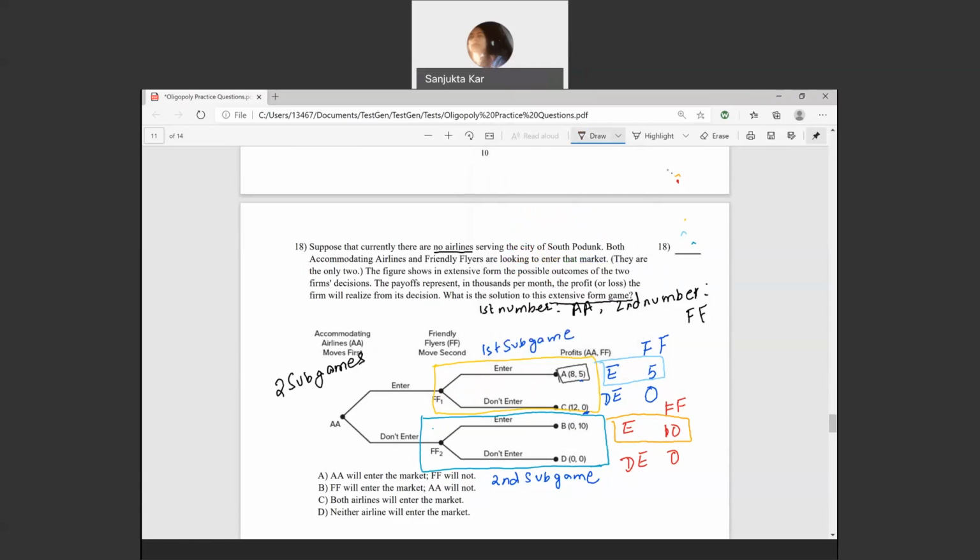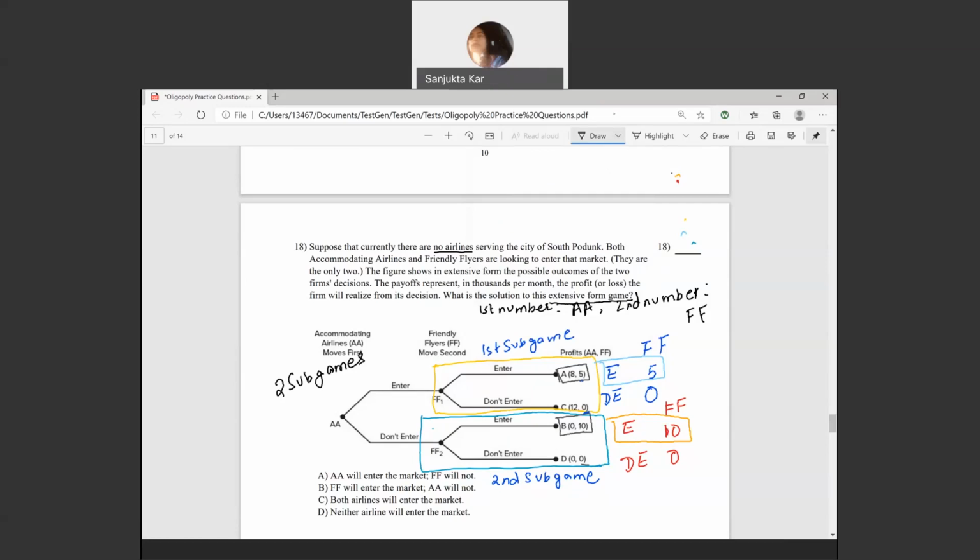So from subgame 1, my outcome is A. From subgame 2, because 10 is greater than 0, my outcome is going to be equal to B. So basically we are starting from the last step here. Now AA knows all of this. So then this is all of the first step here.